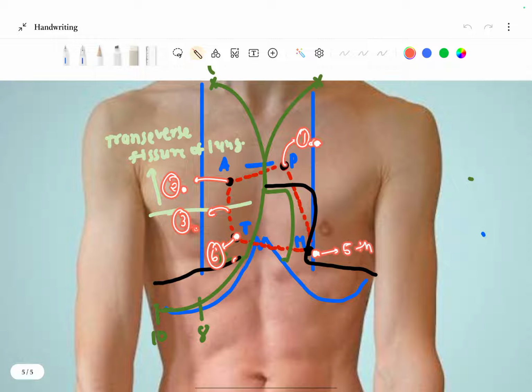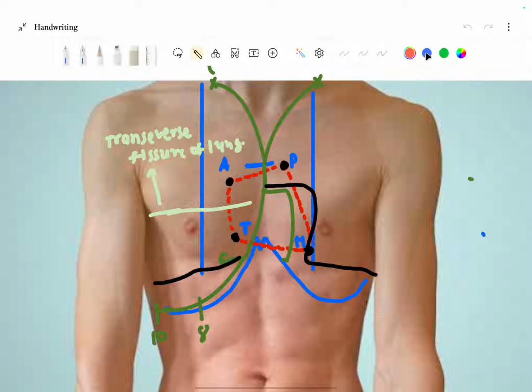So this diagram is not perfectly drawn. If I draw it perfectly, then it will be like this. Remember the rib and the border. This is your first point, which is at the lower border of the second rib. This is your second point. My mistake, sorry guys. I hope it is not too confusing, but try to understand. I will make it easier. Let us draw it.